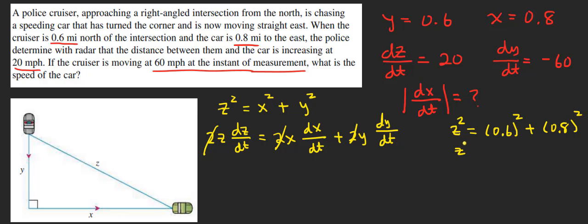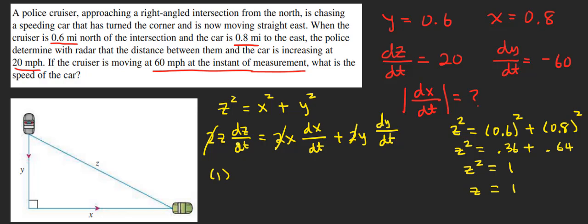You get z squared equals 0.36 plus 0.64, which is going to be 1. And you take the square root, it's going to be positive or negative 1. But we don't care about the negative because distance cannot be negative. So z is 1 when y equals 0.6 and x equals 0.8.